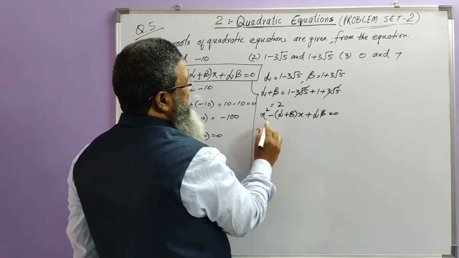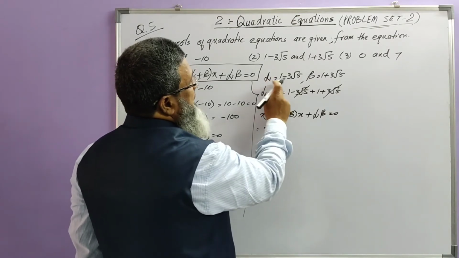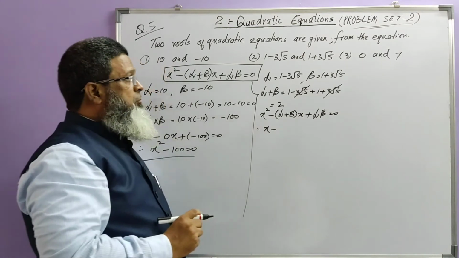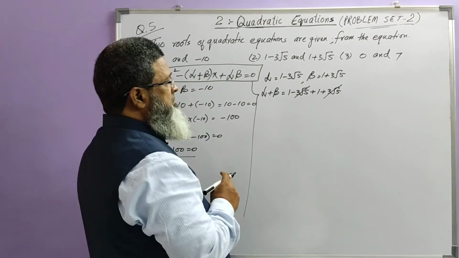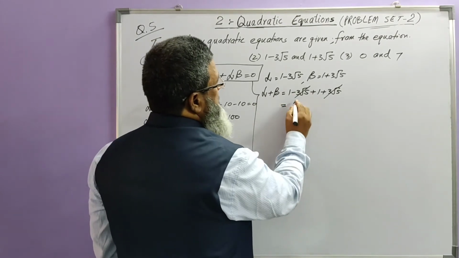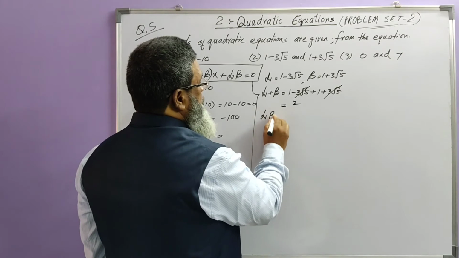Therefore x square minus alpha plus beta, so alpha plus beta is equal to 1 plus 1 is 2. Now find alpha into beta.